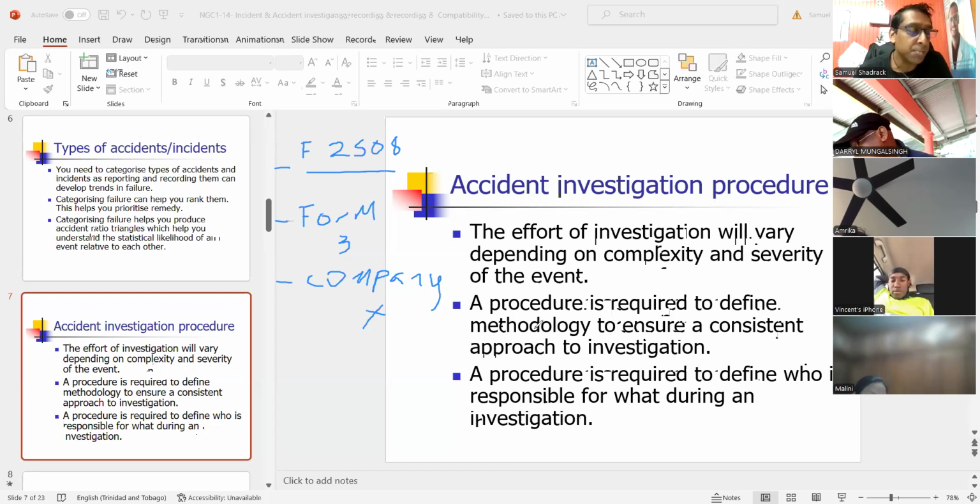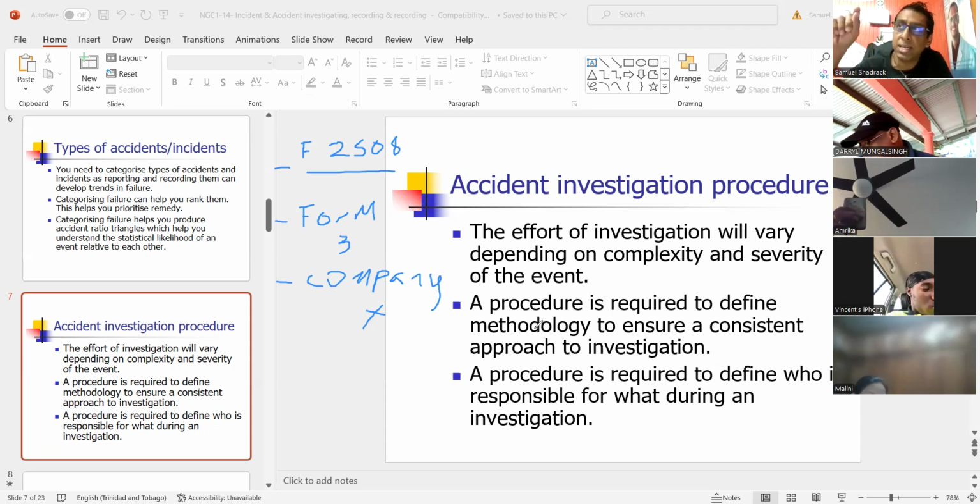Page 15, at the top there, the writer says the textbook has items that could be included on an accident investigation checklist: personal details of the person involved, like their age, gender, right? If they are on medication, time and location of the accident, type and severity of the injuries sustained.